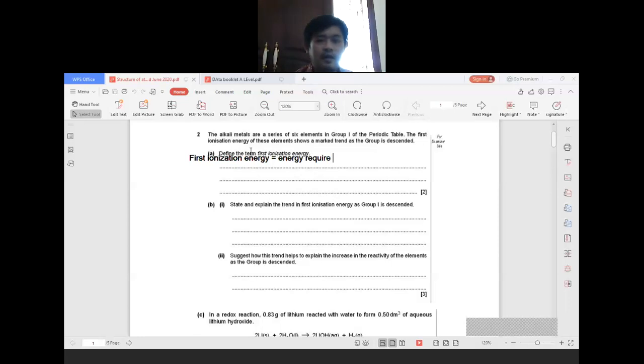Exactly correct, Nia. So the energy required to remove 1 mole of electrons from 1 mole of gaseous atoms in order to form 1 mole of gaseous ions and an electron.